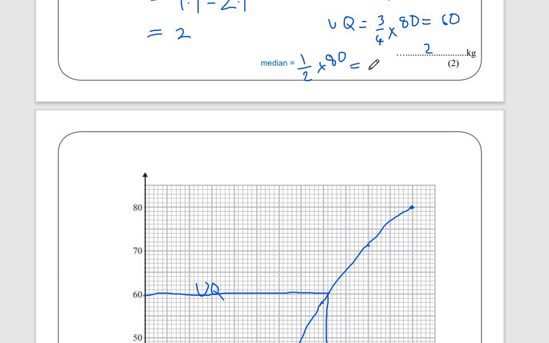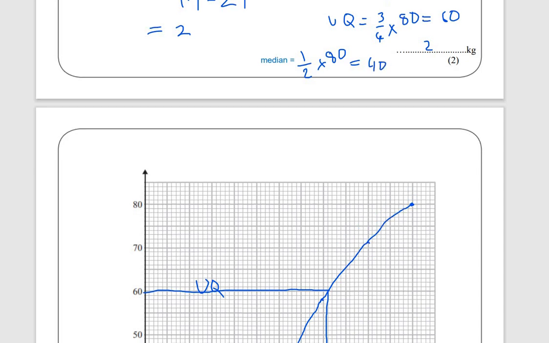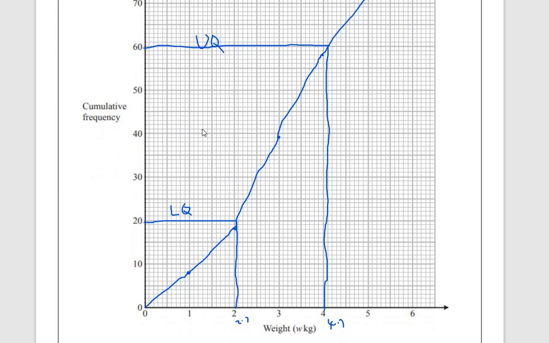So half of 80 will give us 40. And so if you go back to your graph and you draw a straight line at 40, and then if you go down, the median will be 3 kilograms.